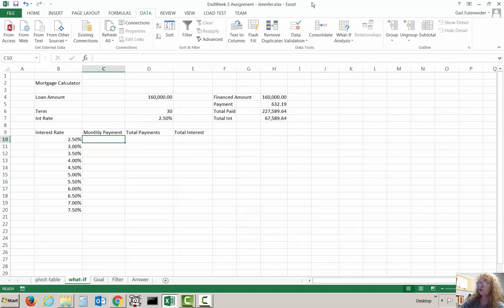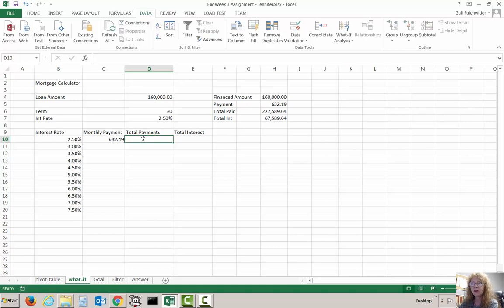So to make it so it shows up as the cell reference, I have to start off with an assignment or an equal symbol, and the monthly payment is actually in H5. Okay. Now again, I can enter that.